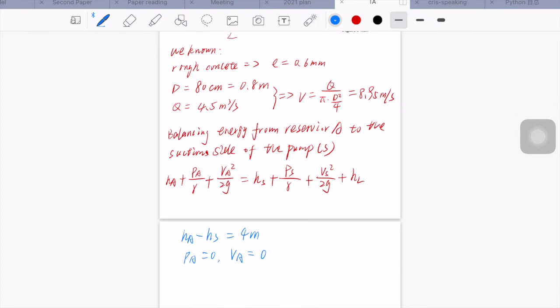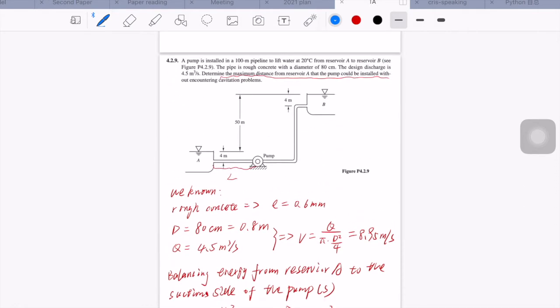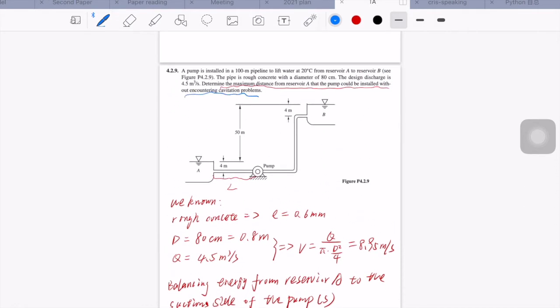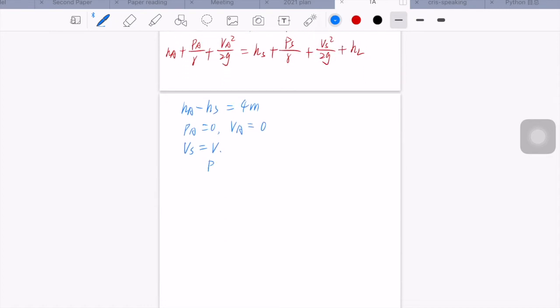In the pipe, the VS equals V. Since we should avoid encountering cavitation, the pressure head at the pump equals minus 7 meter. We can find this value on page 99, the last paragraph in the textbook.